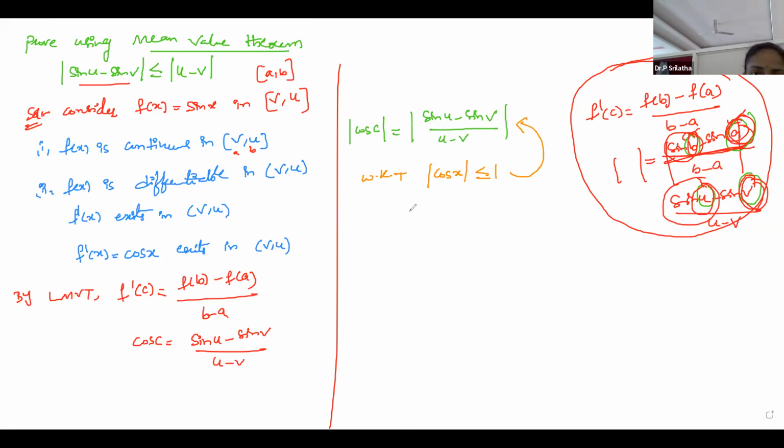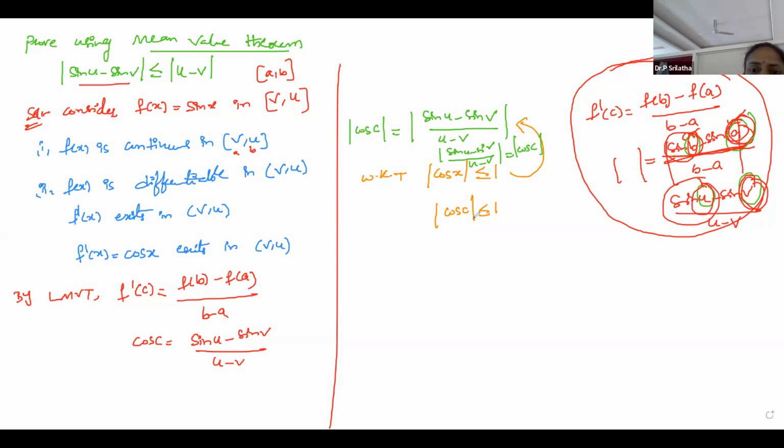Okay, so according to that equation, what is the cos x? Here we have cos c. So we know that cos c is less than or equal to 1. Okay, so from this we can write one more step here. So this is sin u minus sin v divided by u minus v, modulus, equal to modulus of cos c.